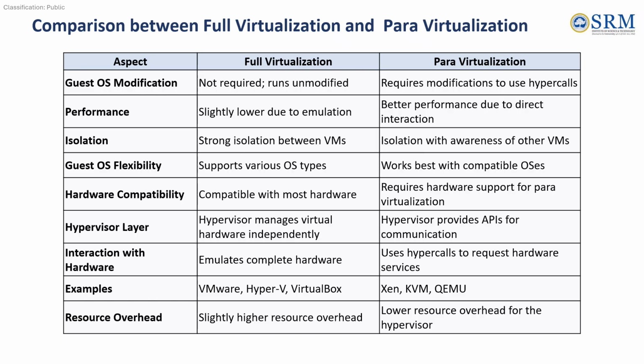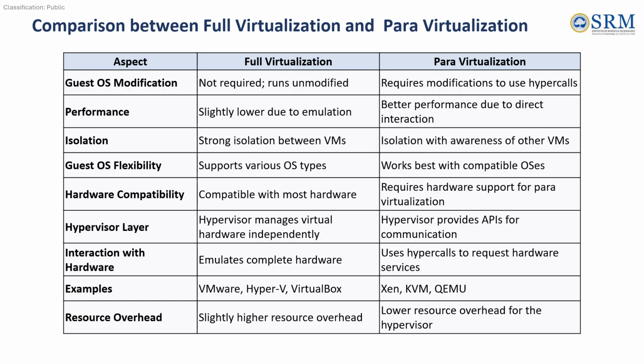In terms of hardware interaction, full virtualization emulates complete hardware, whereas para-virtualization uses hypercalls to request hardware services from the hypervisor. Resource overhead is also different. Full virtualization has slightly higher overhead, while para-virtualization reduces overhead and improves efficiency.